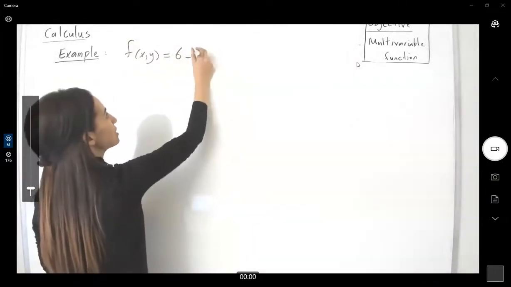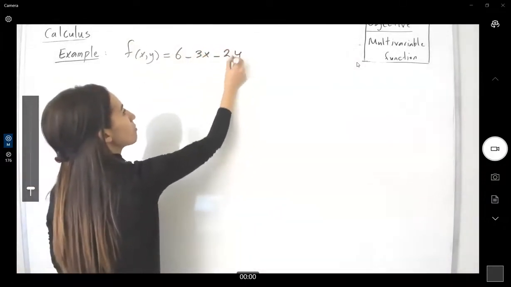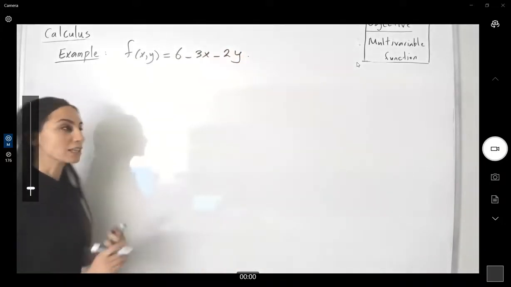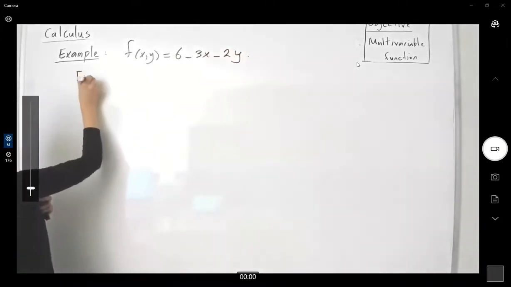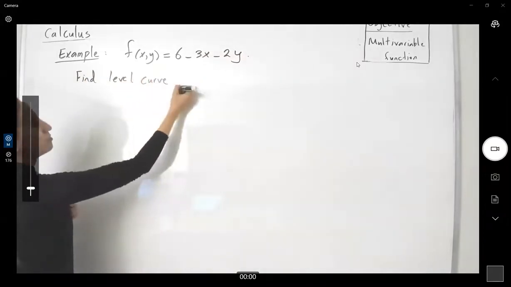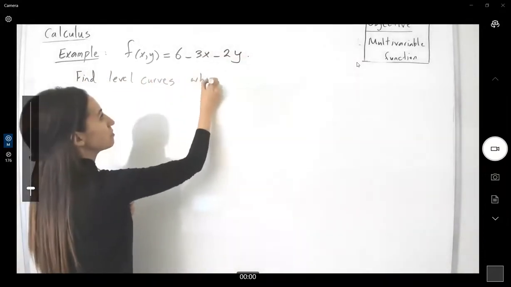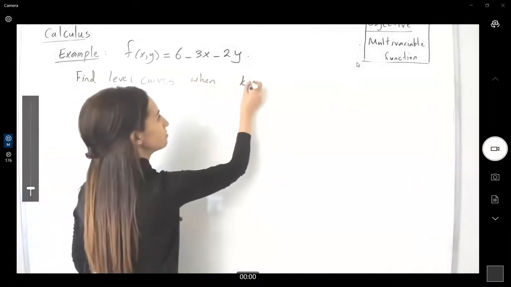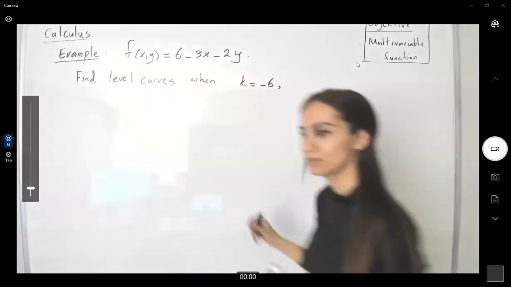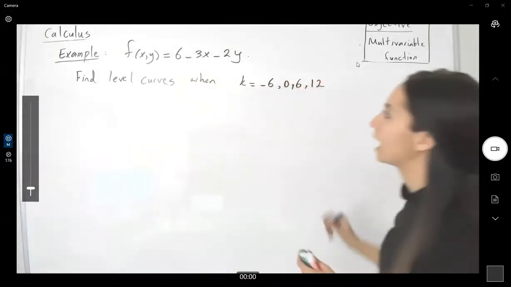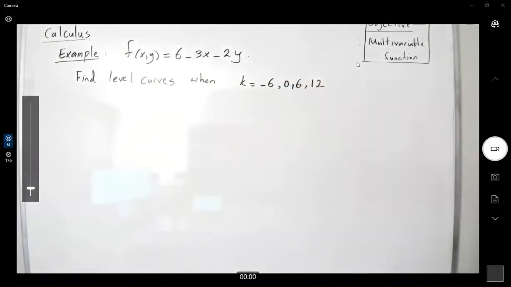And the question says find level curves when k values are given as minus 6, we have 0, we have 6, and we have 12.